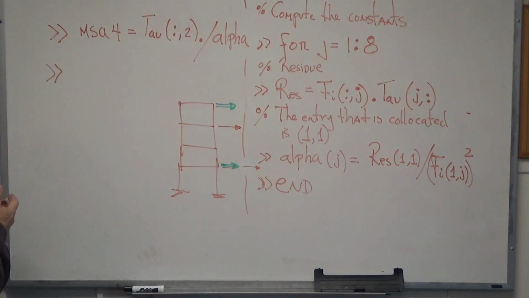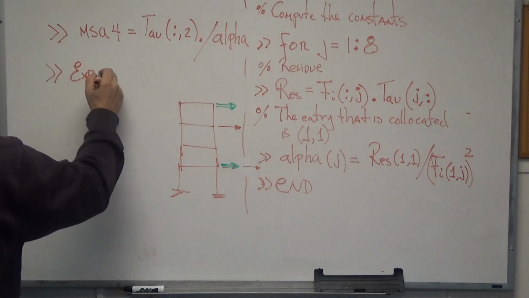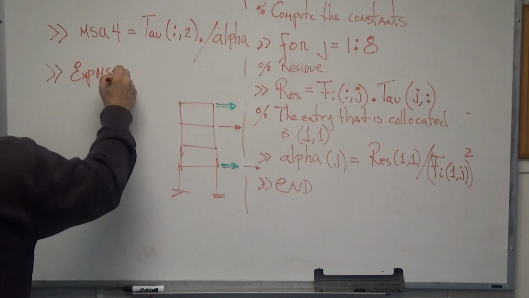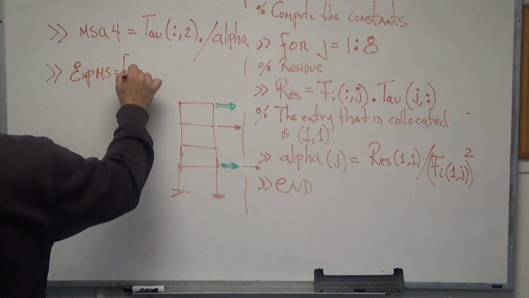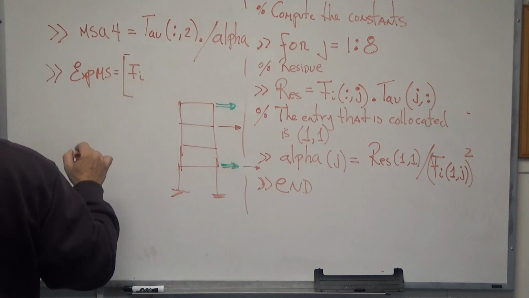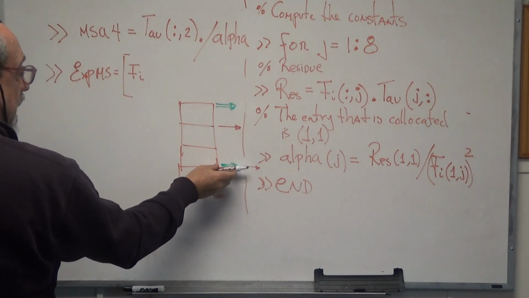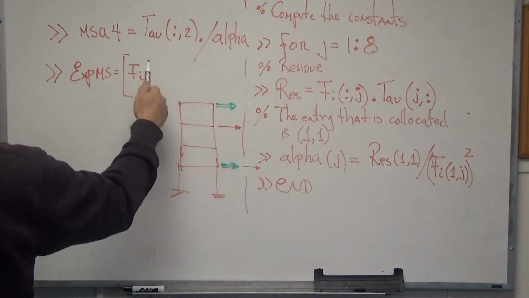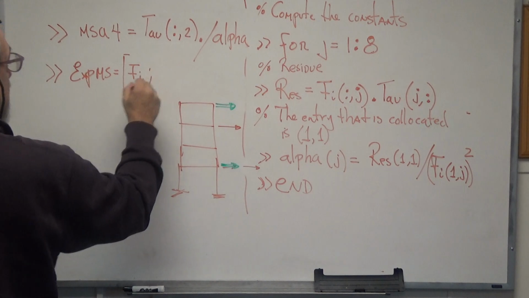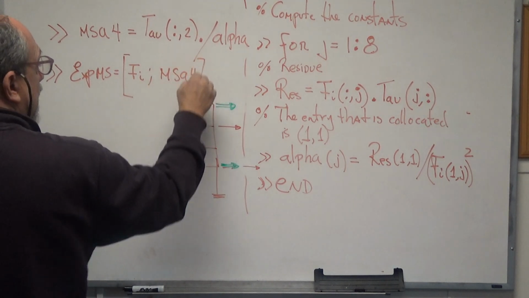Then you could say, for example, the expanded mode shape is equal, in this case, to the phi, right? And the phi is the mode shape at 1 and at 3, and then underneath it we would have the mode shape at 4, close it.